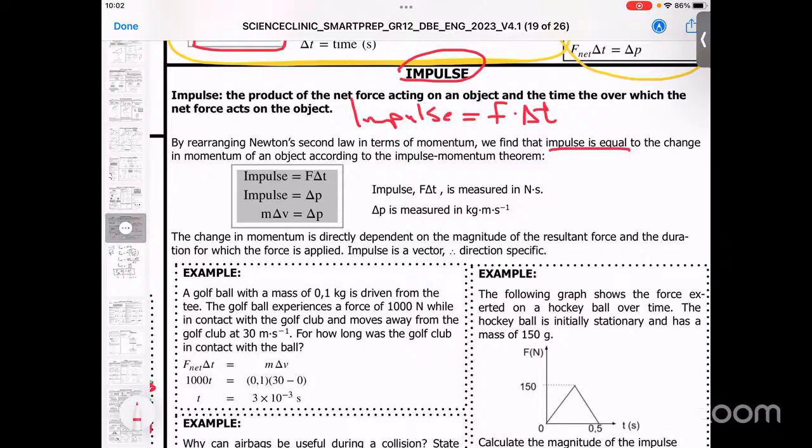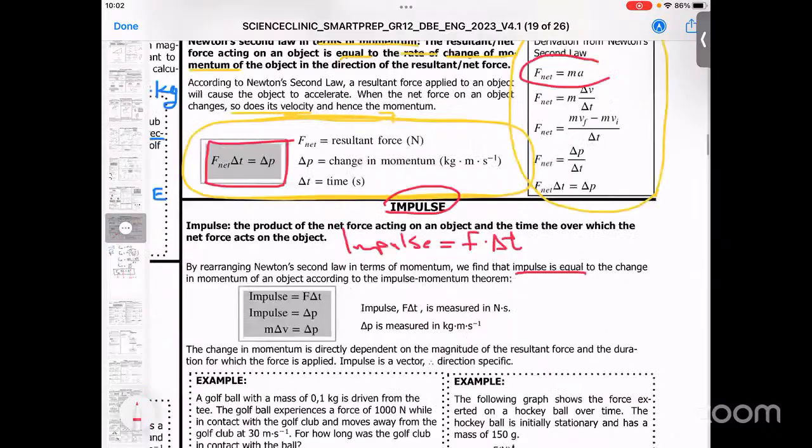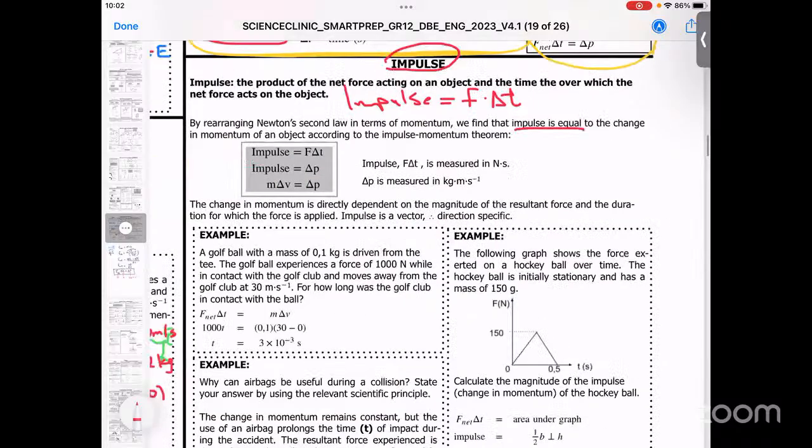Because if impulse is the same as F times t, what is that equal to? It is equal to change in momentum. That's why you see that.